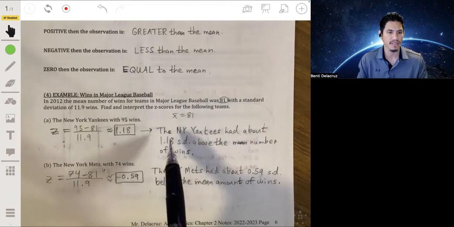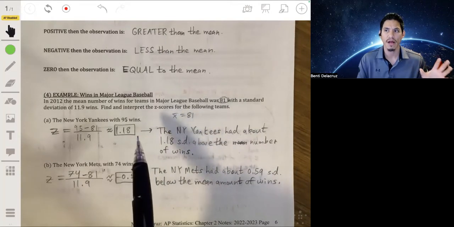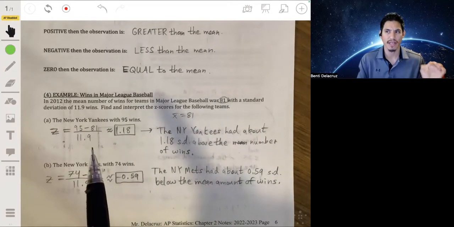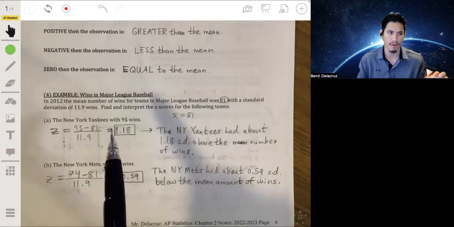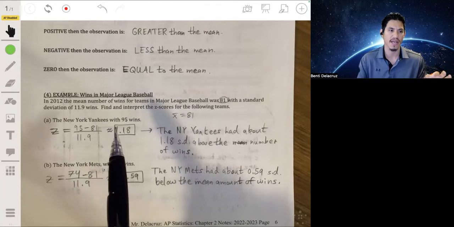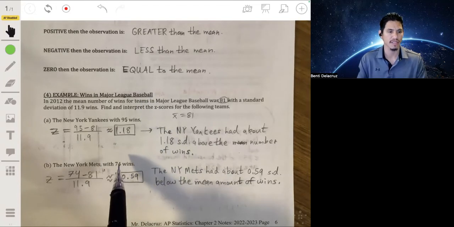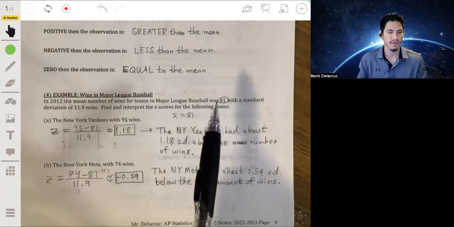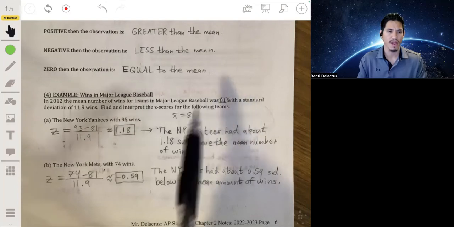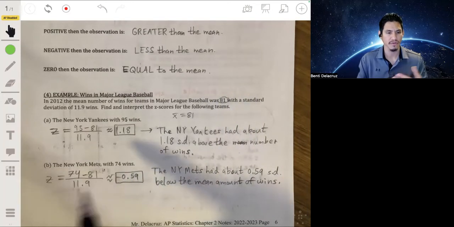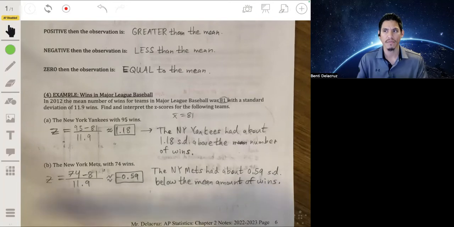The 1.18 just tells you a numerical quantity that gives you a more precise way to say how much better they were. Similarly, the New York Mets had 74 wins, so they're below the average number of wins. This 0.59 just tells you a numerical quantity that gives you a better idea of exactly how far below the mean amount of wins they were.